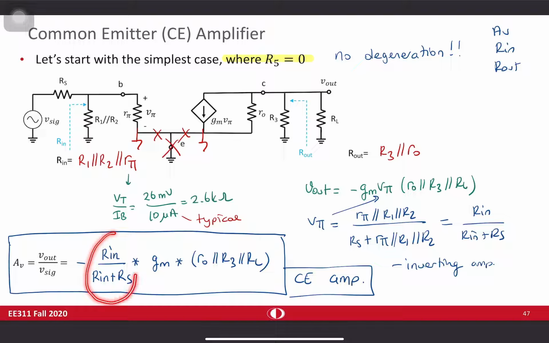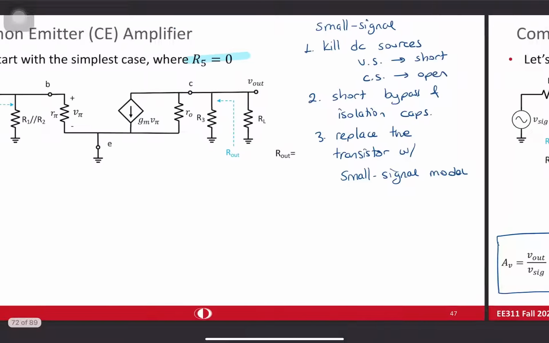This part, you want to make it close to 1. For the MOSFET case, it was much easier because you won't have an RPi term in Rin. You can choose R1 and R2 as gigaohm, and you can have Rin very large. But now, first you cannot choose R1 and R2 as gigaohm. Why? Let's go back to the DC schematic.